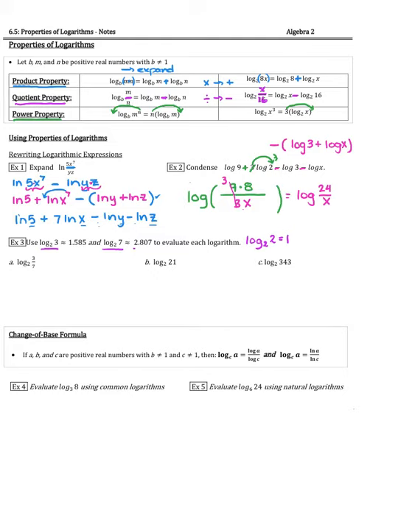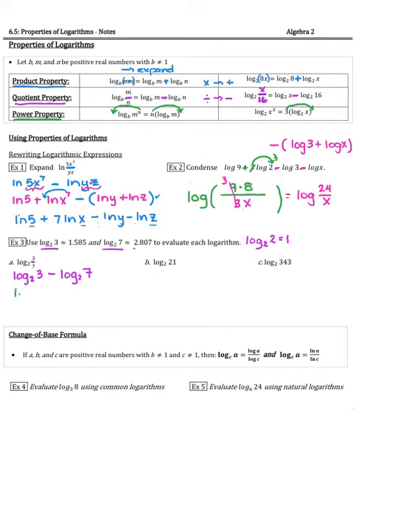So here we have log base 2 of 3 divided by 7. So I can expand this using subtraction because that was division. So log base 2 of 3 minus log base 2 of 7. The rest now is just substituting in the given decimals.